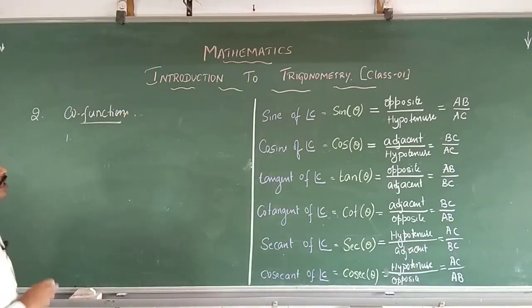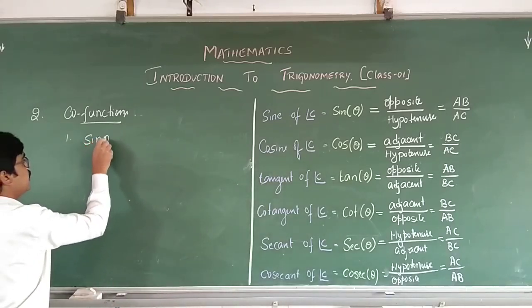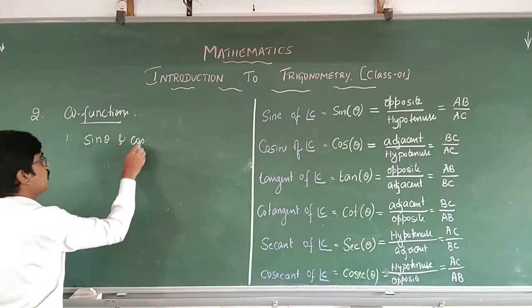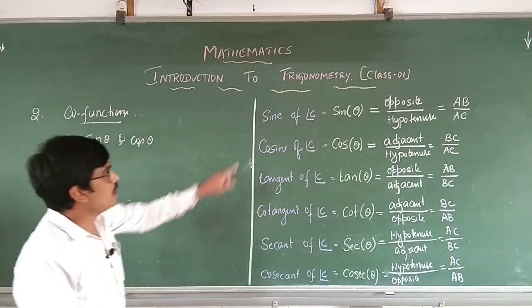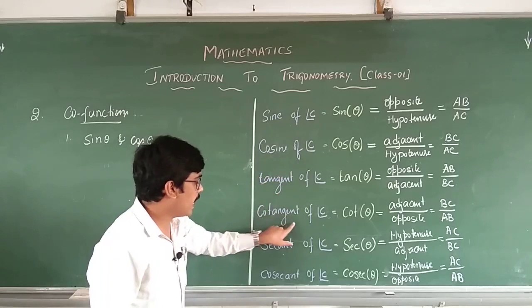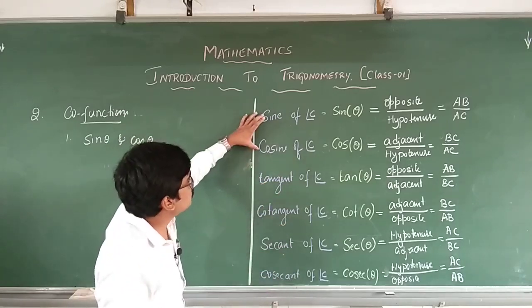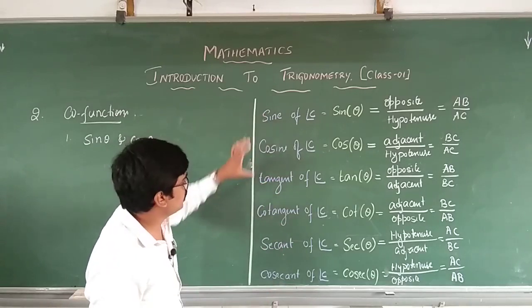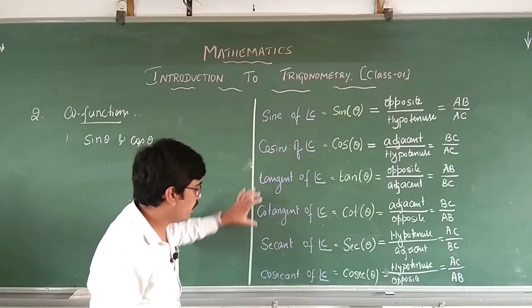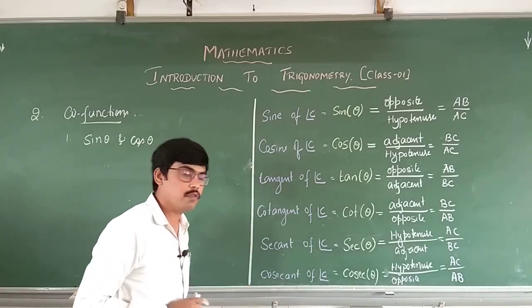First one, we can observe sin theta and cos theta. We see here sin cosine, tangent cotangent, secant and cosecant. We call these two one pair of co-function, these two one pair of co-function, and these two one pair. There are three different pairs of co-function.